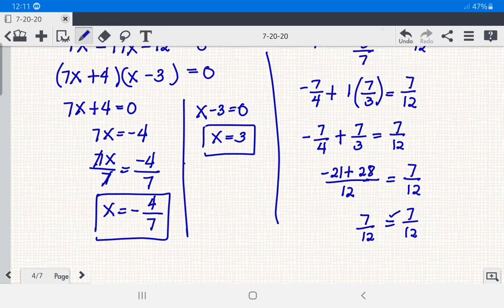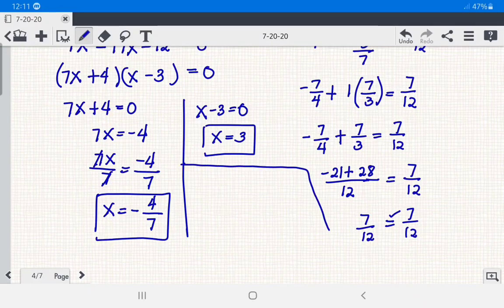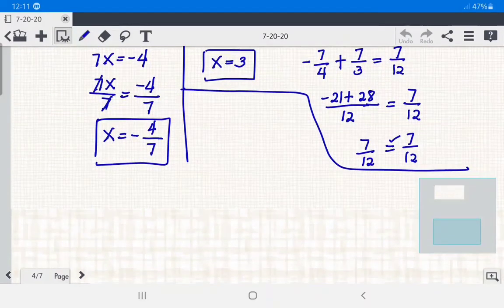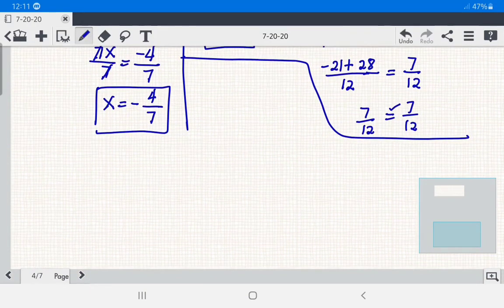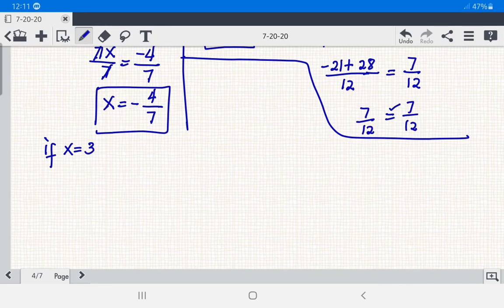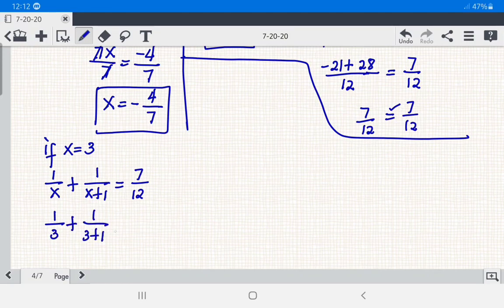Check. Next, for x is equal to 3, if x is equal to positive 3, using the original equation, we have 1 over x plus 1 over x plus 1 equals to 7 over 12. Then, we have 1 over 3 plus 1 over 3 plus 1 equals to 7 over 12.